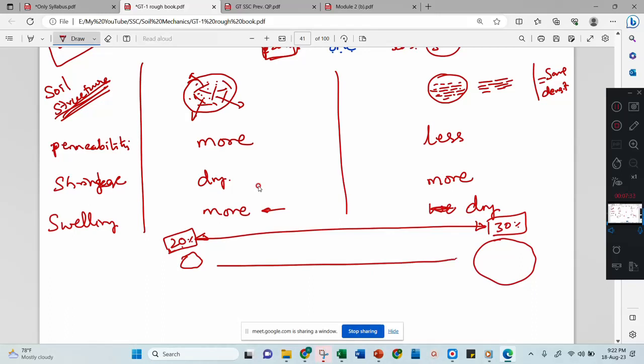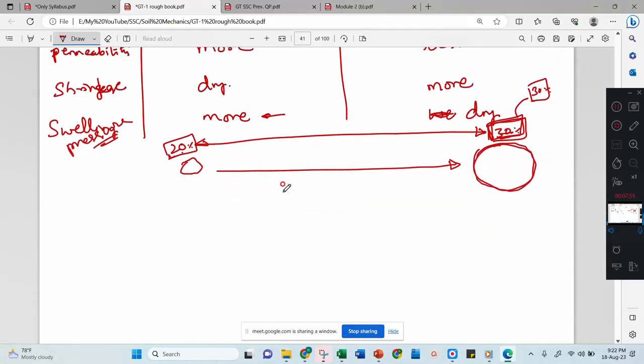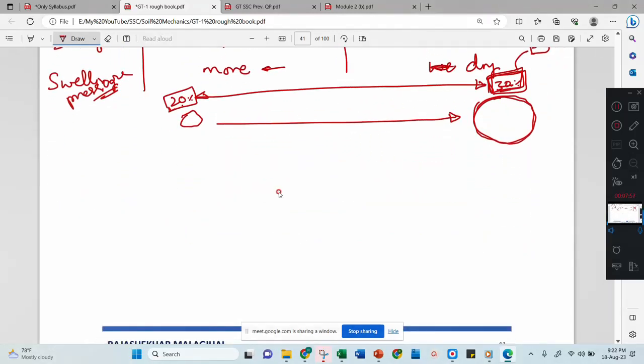Yes, obviously it will swell more, but dry of the optimum. Compare this 30 only with other soils at 30. Then you can say that the swelling effect will be more in the 30, or you can consider it as swelling pressure. You write it, then you can digest this one. Swelling pressure here and swelling pressure here. Understood?